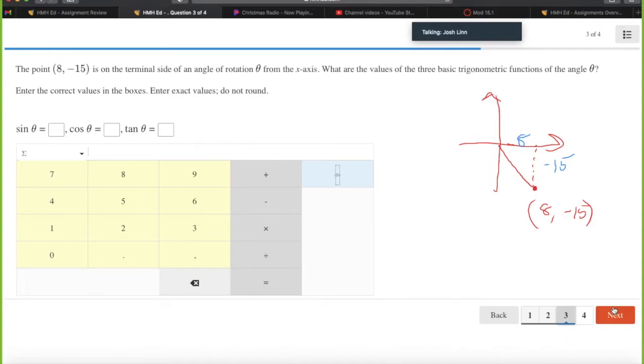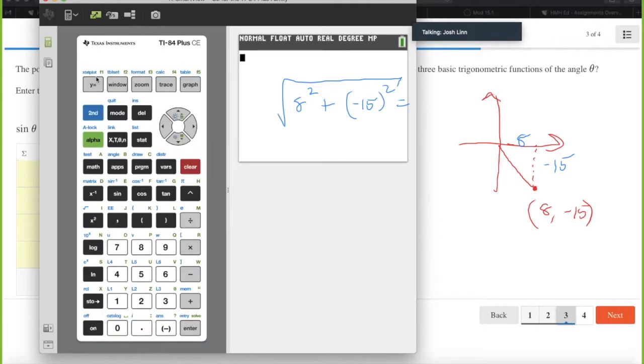So how are we going to figure out the hypotenuse? That's right. We're going to use the Pythagorean theorem. Now we need to square root all that too. So I totally know all of those values off the top of my head. Just to make everybody feel better, I'm going to stick them in the calculator anyway.